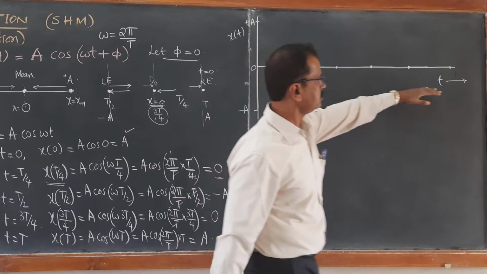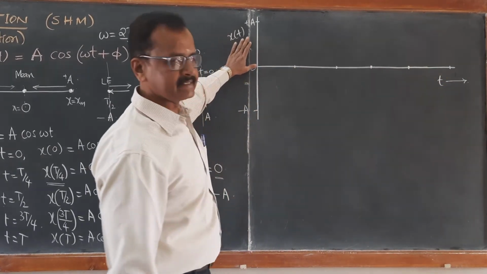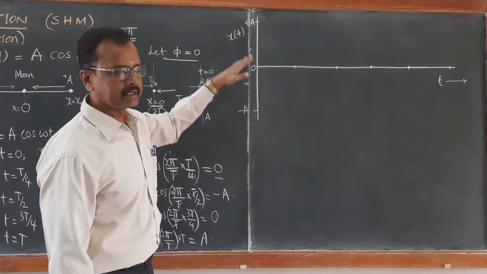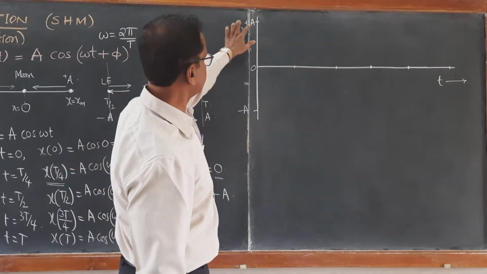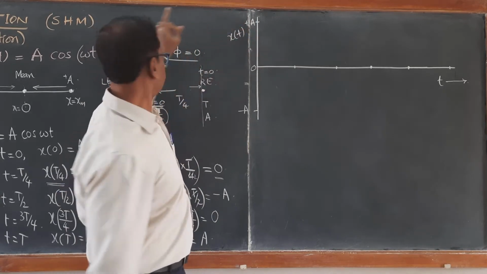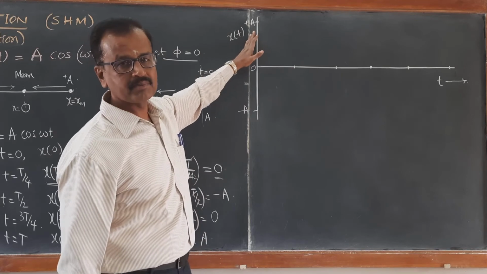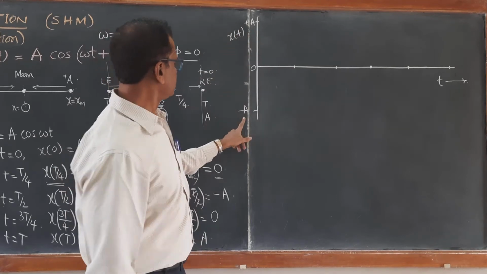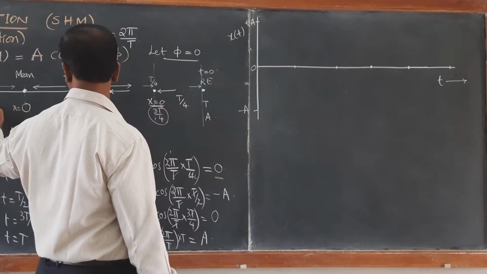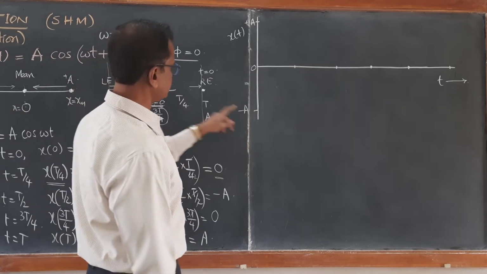Time is taken along the x-axis and displacement x(t) is taken along the vertical y-axis. Maximum value of displacement is plus A, which we have taken in this case as plus xm. So let us take in general as plus A, and minimum displacement is minus xm, that is minus A, right?